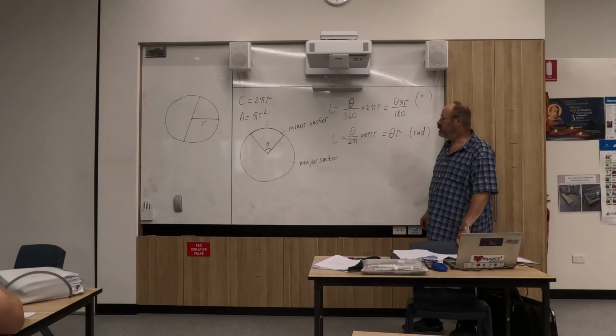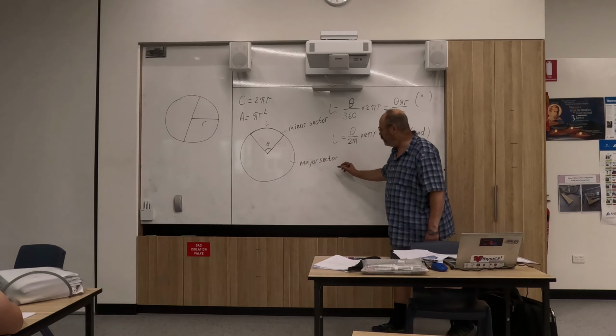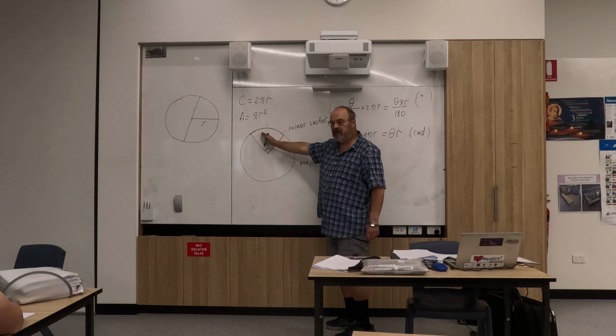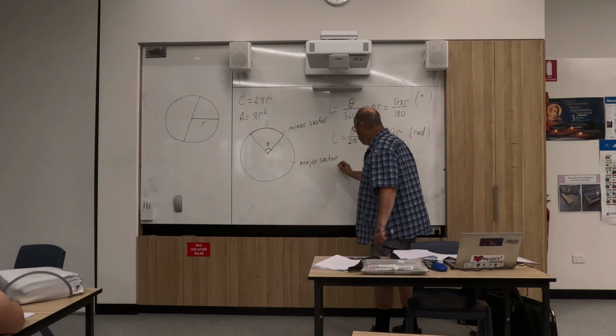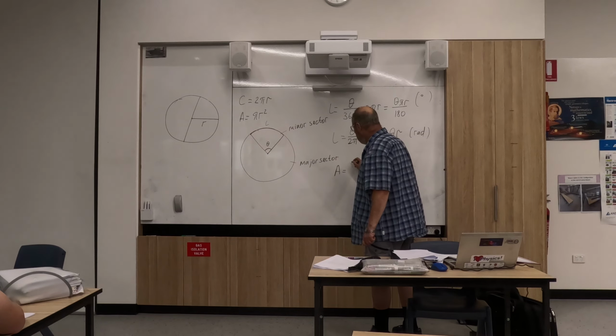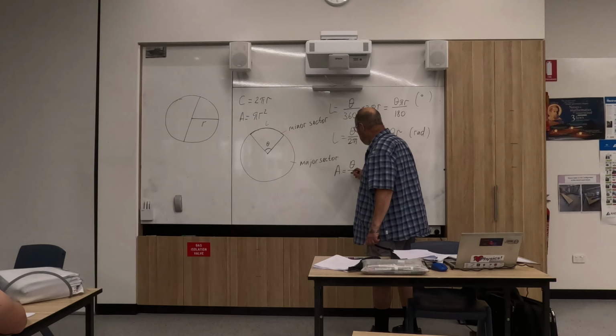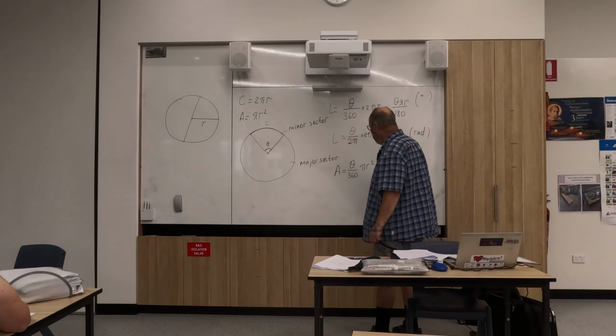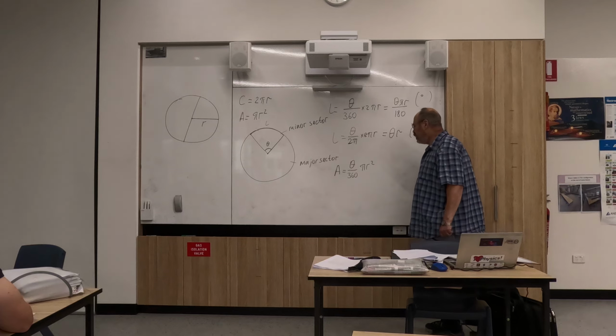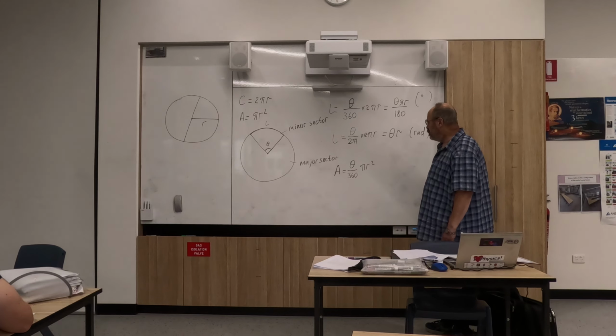Area of the sector, again, we're talking about the minor sector. So the area of the minor sector, again we use the ratio: theta in degrees, theta divided by 360 times pi r squared. This time nothing cancels out.